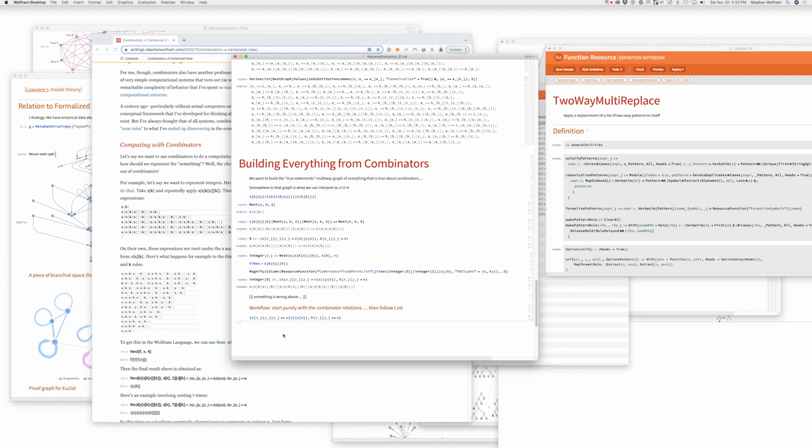Okay. Now the claim is that starting purely with these, or more specifically, we have to blankify this one. Okay. Start purely with the combinator relations, then follow laws of inference.